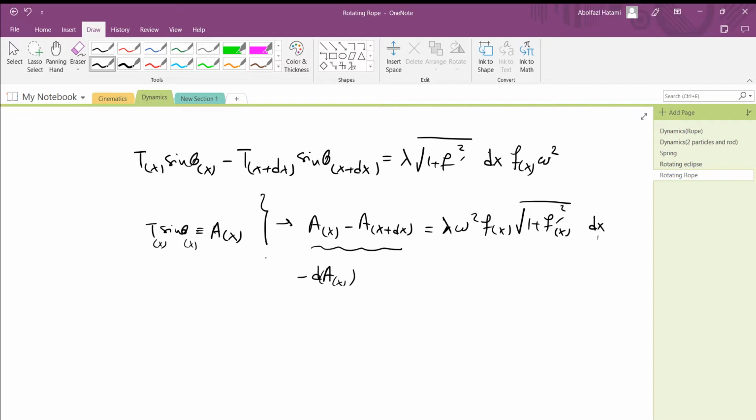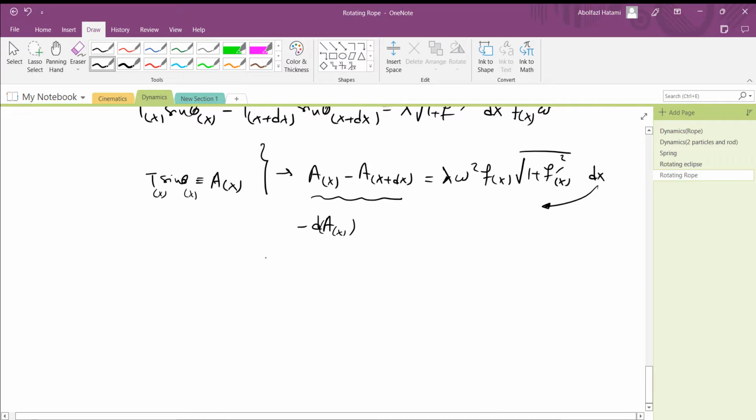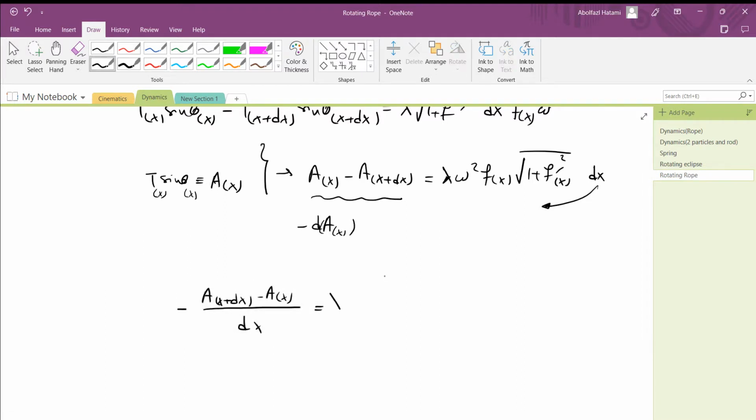If we divide both sides by dx, we get minus a of x plus dx minus a of x over dx, which is equal to lambda omega squared f of x radical 1 plus f prime squared of x.